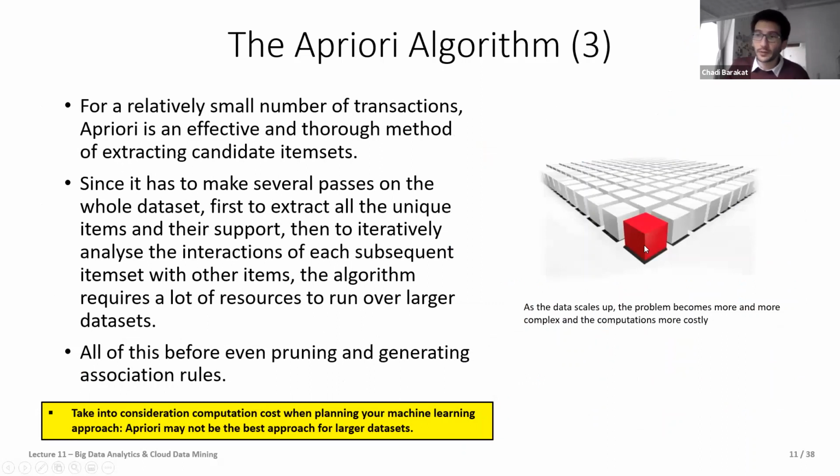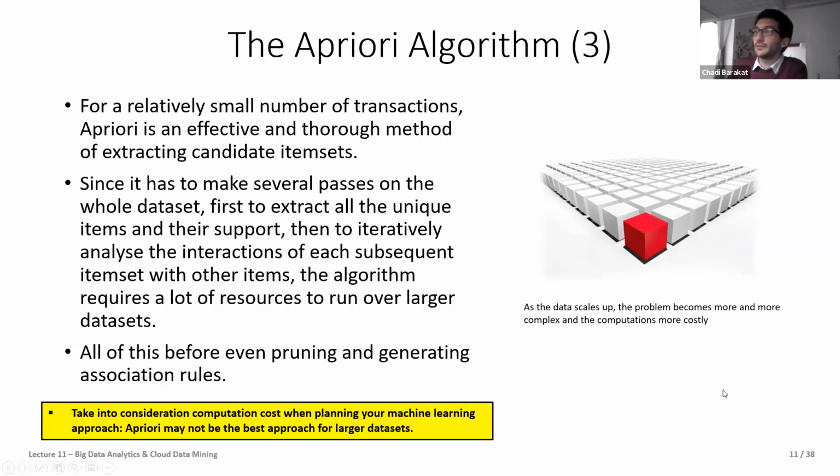And then we get to the problem that we were talking about before. That is, a priori is a very effective method, but only for small data sets. When you take into consideration how large a data set can become and how large the calculations on that data set can become, you realize that maybe a priori is not a very good application in large scale retail databases or maybe bookshops or something like that.